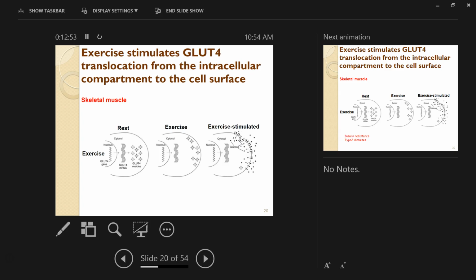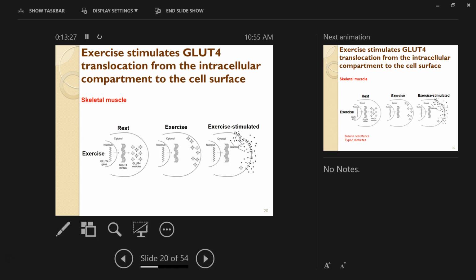So that's why, for type 2 diabetic patients, we always encourage them to do exercise, right? Because type 2 diabetes is caused by so-called insulin resistance. Have you heard about insulin resistance? That means you have a normal insulin level, even a high insulin level, but the action somehow is reduced in the type 2 diabetic patient.